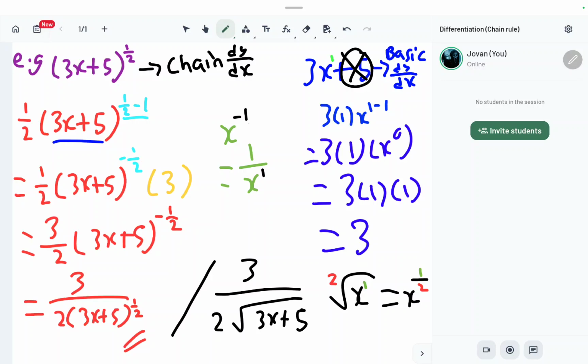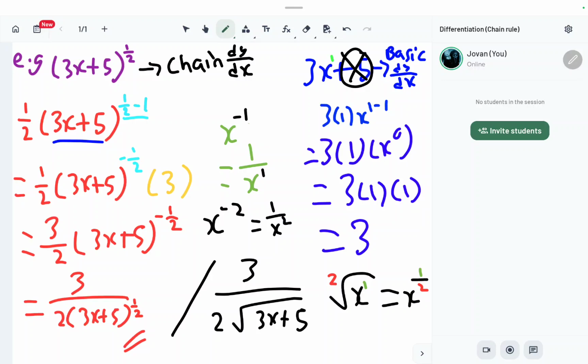Because you see, 1 over x to the power of 1, if we were to shift it to the right, it will be x to the power of minus 1. And you notice that minus 1 is at a power. That's why you have to bring it down to make it a positive index form. Just like if I say x to the power of minus 2, you'll straight away think of 1 over x squared.